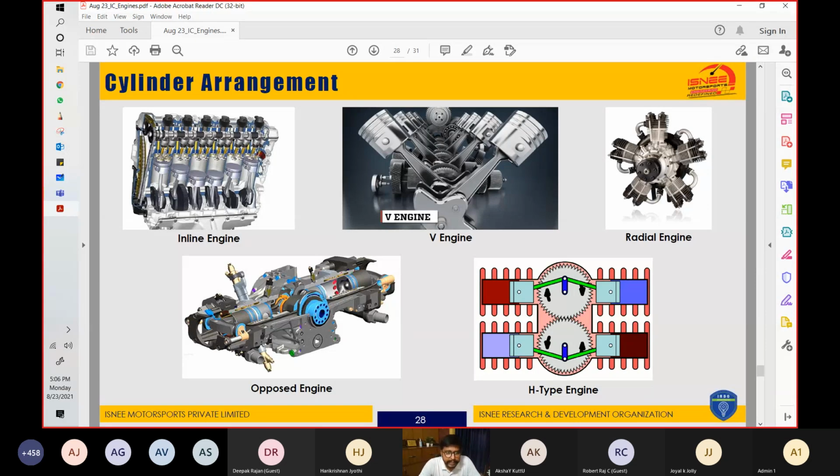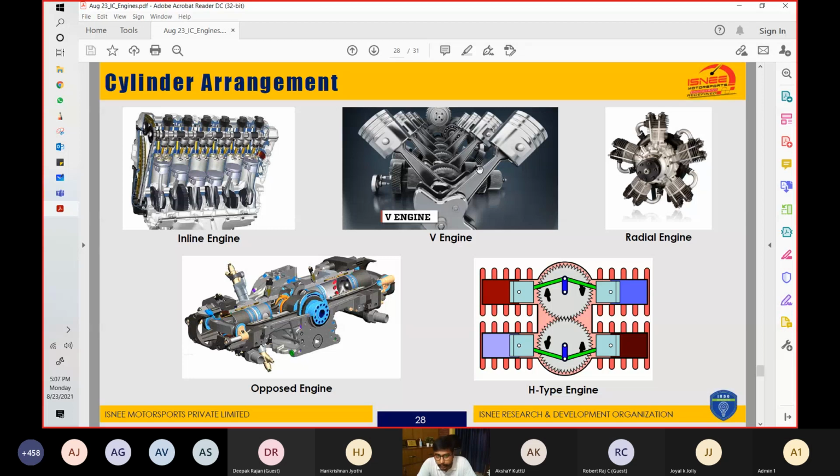Inline engine is basically a configuration which has multiple cylinders in line. They could be vertical engines and all the cylinders are aligned to each other. So this is an inline engine. Now in a V engine, you will see that the cylinders are arranged in a V shape.